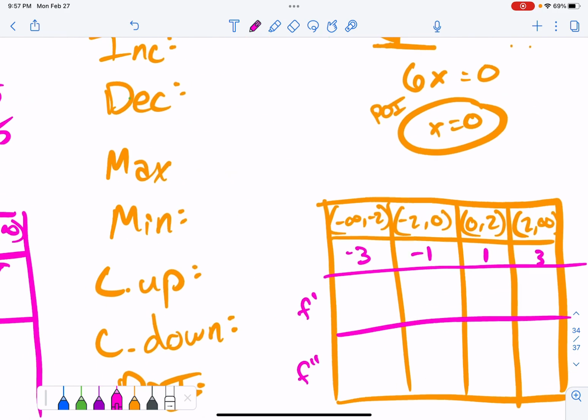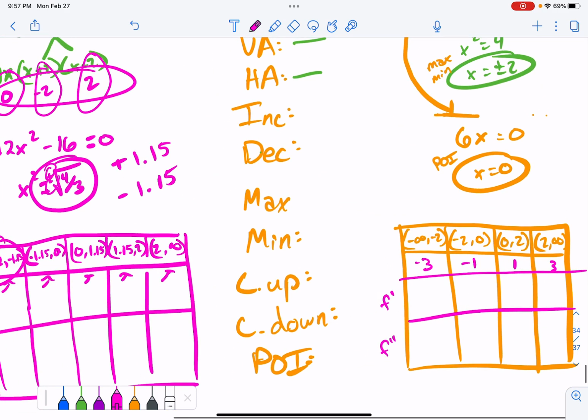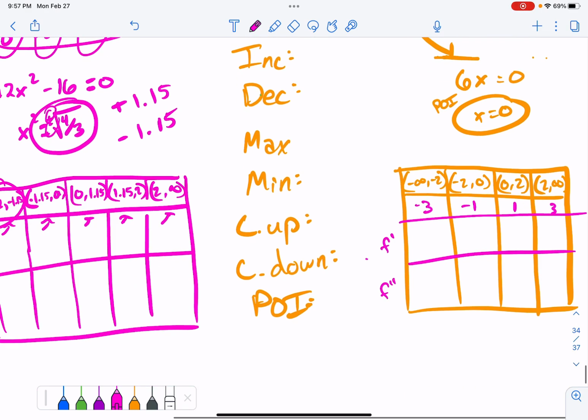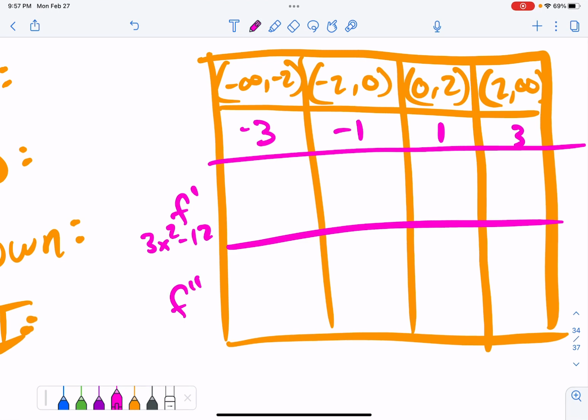Okay, here we go. The first derivative was 3x squared minus 12. If I plug in negative 3, this is positive: 9 times 3 is 27 minus 12. Negative 1 squared is 1 times 3 is 3 minus 12, which is negative.